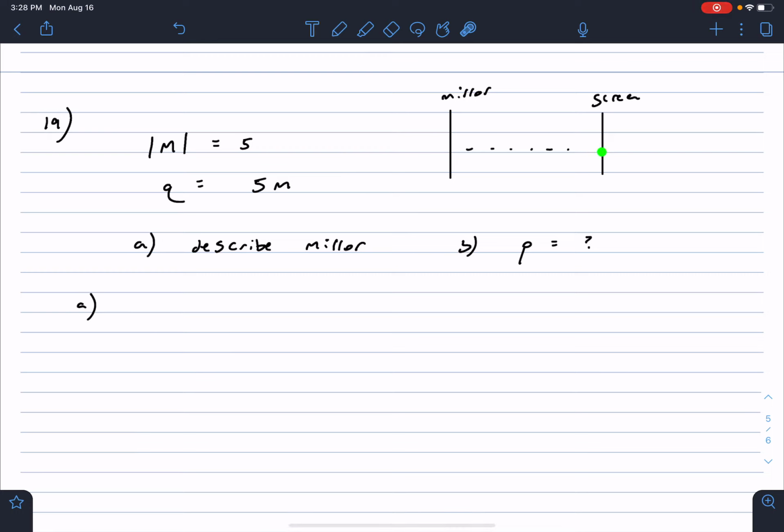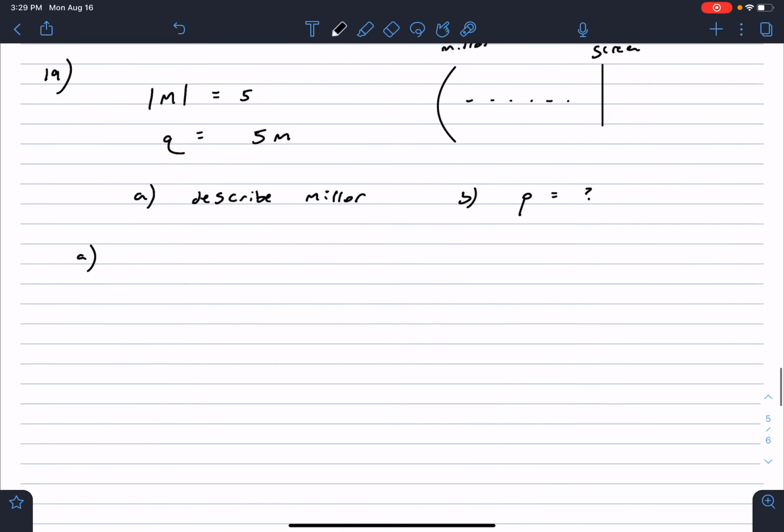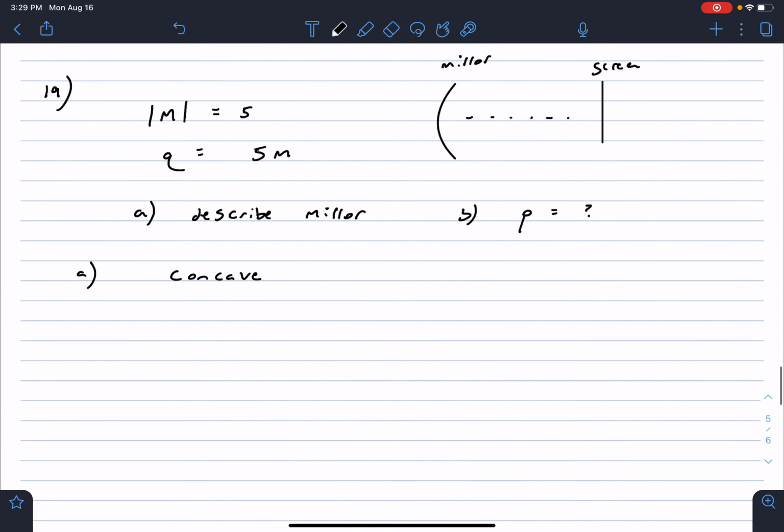So this is a real image, and the only way to get a real image from a mirror is if it's concave. Okay, so we have a concave mirror. We know that much. We can continue and find some more properties and describe the mirror in more detail.